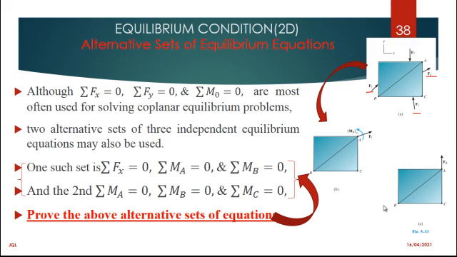If you say summation of moment about B, if I get my moment about B, it's supposed to be equal to 0.